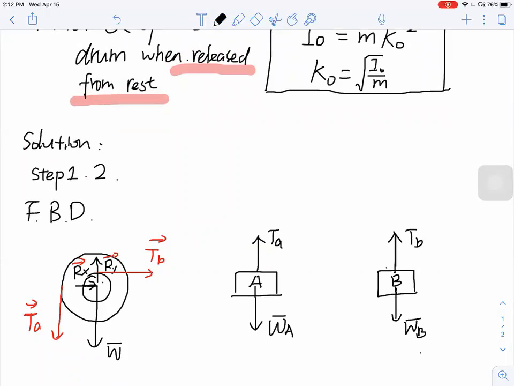In terms of coordinate system, I think we can just use I and J for this problem.